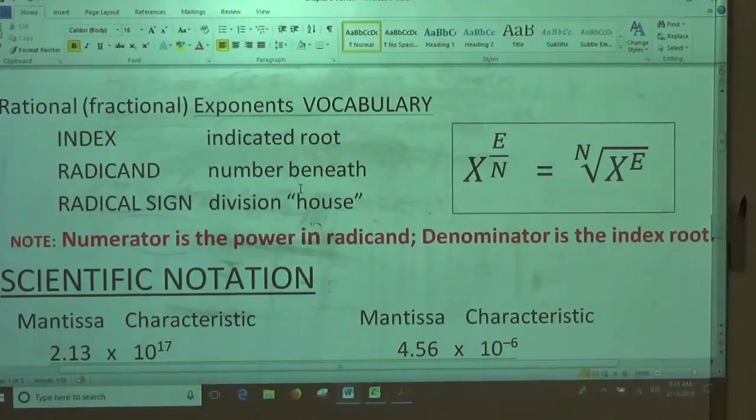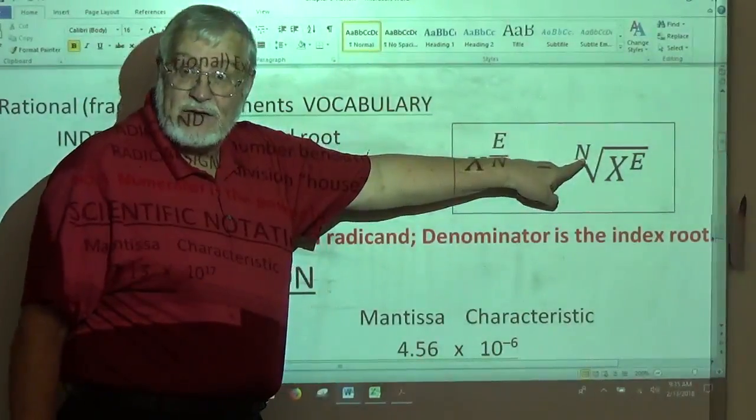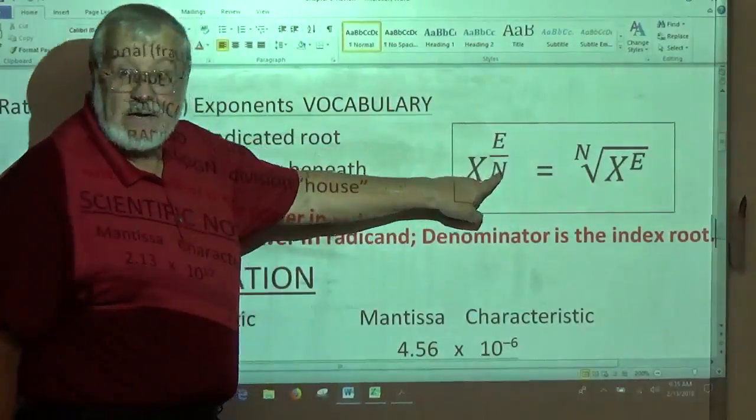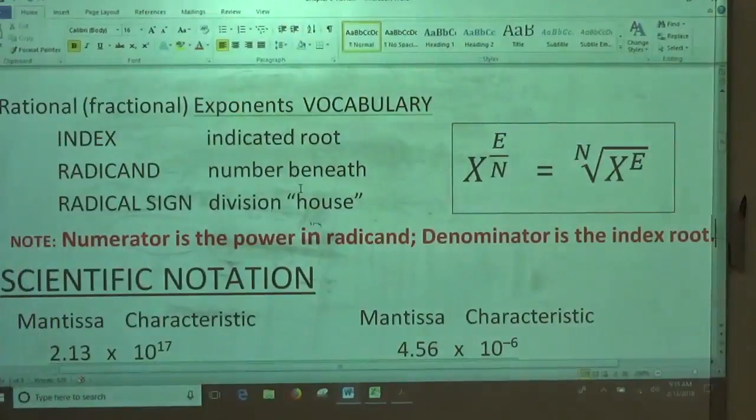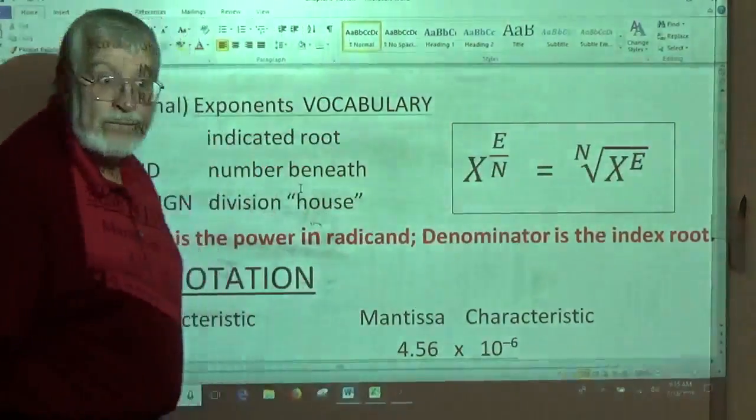Okay? Now, another set of vocabulary. Index, radicand, and radical sign. What's an index? Important. What's an index? Index is the root that you're dividing it into. It's the denominator of a fractional exponent. What's it called? Index. The radicand is the number underneath. Okay?